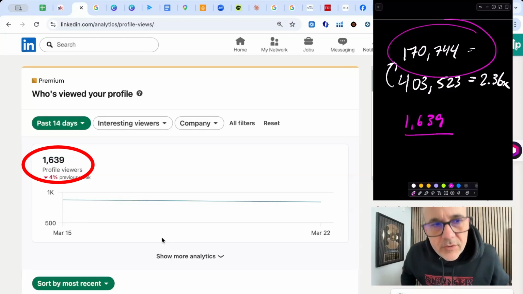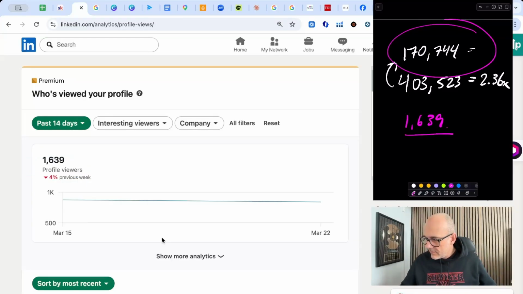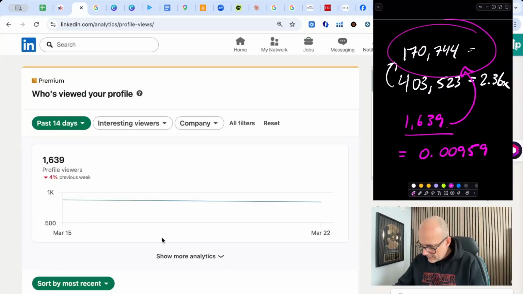1,639. And we're going to take this number and divide it into this one. It's going to give us a tiny little fraction because we're trying to get a percentage of how many people that viewed, how many of those got curious enough to click on it and then visit our profile. So the math behind that is 1,639 divided by 170,744, and that gives us 0.009599.